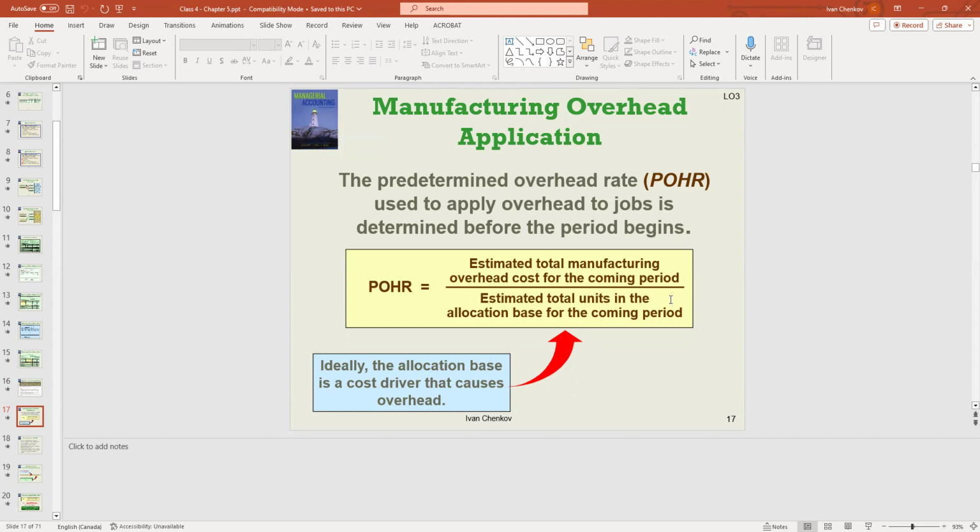Remember, the total cost and the number of units of allocation base have to be in the same period. Then we're going to divide numerator by denominator, and we're going to get the predetermined overhead rate.